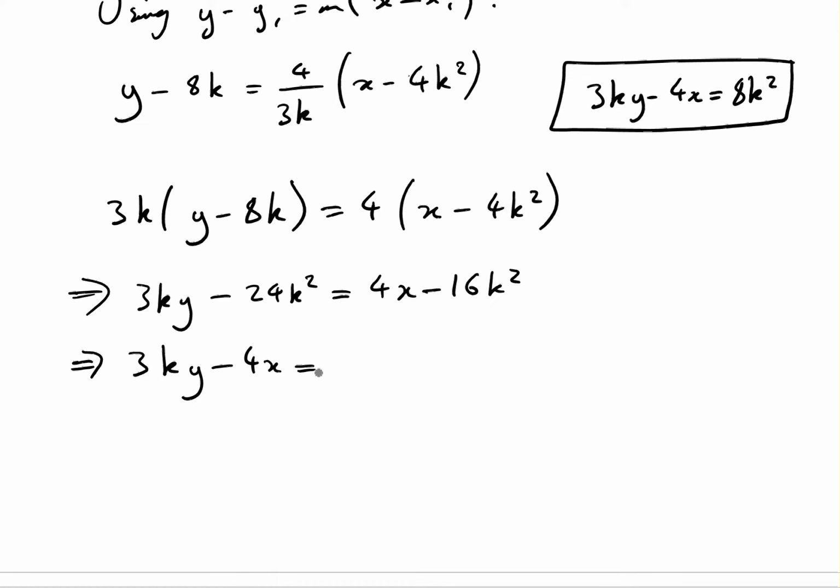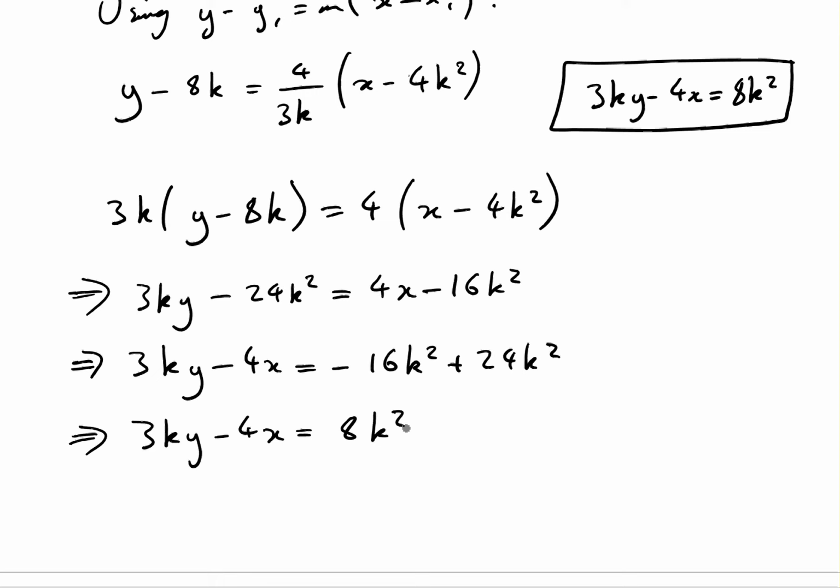Now let's get the right-hand side. So we've got minus 16k squared. Let's take the 24k squared over to the right, so that becomes plus 24k squared. That then implies that we get 3ky minus 4x, the thing which we want at the left, is equal to 8k squared. There we are. There's the answer. That's the answer which we want.